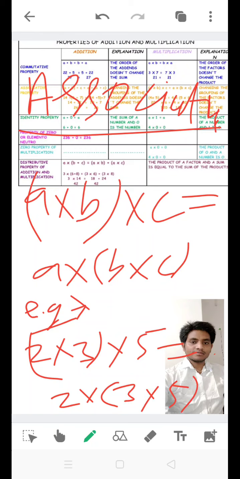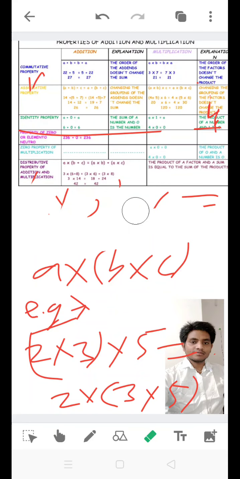When you multiply 2 into 3, 6, and 6 into 5, 30. And right side 5 into 3, 15, 15 into 2, 30. Then both sides are equal to each other. This property is known as associative property.